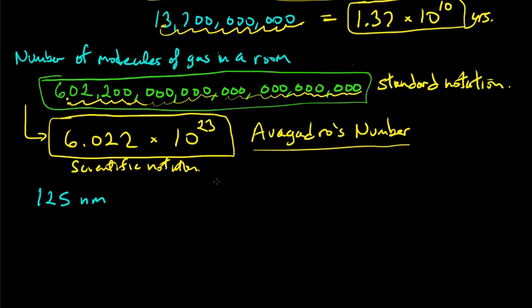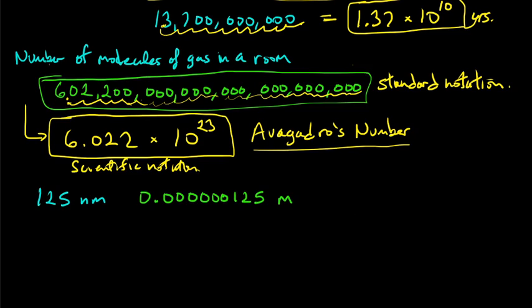And if you were going to write this out, this would be approximately 0.000000125. So I think that's it, right? So yeah, a very small number. Oh, and this is in meters, right? This is in meters.